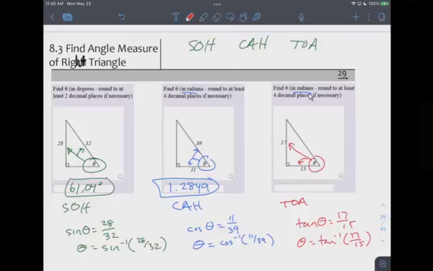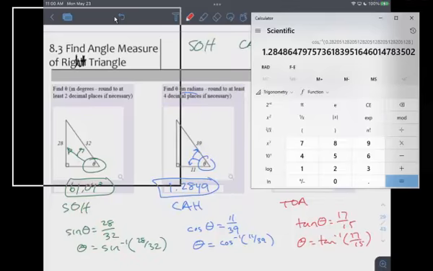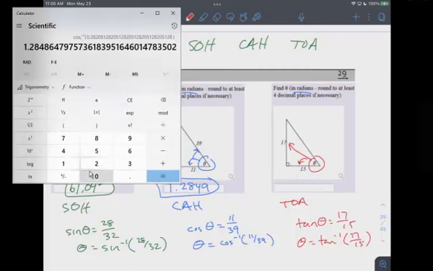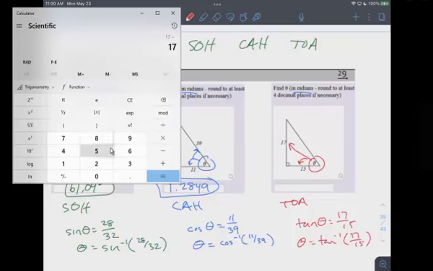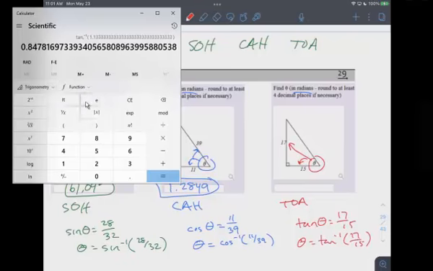And here again, I'm going to emphasize radian mode. I'm already in it. So let's take the ratio 17 over 15, and then I'm going to take the inverse tangent of that, and it gives me my radian measure, 0.8478. And that would be my answer.